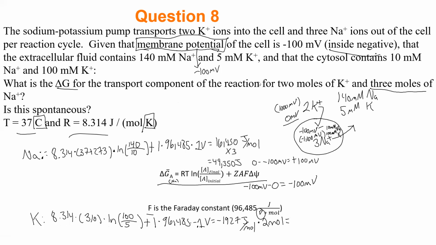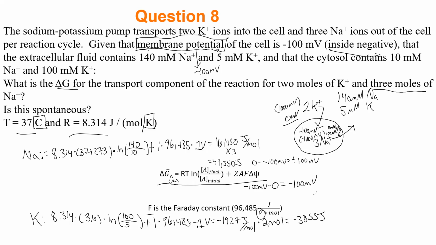That should be a 2, not a 3. That is negative 3,855. So that is the movement of 2 moles of potassium.